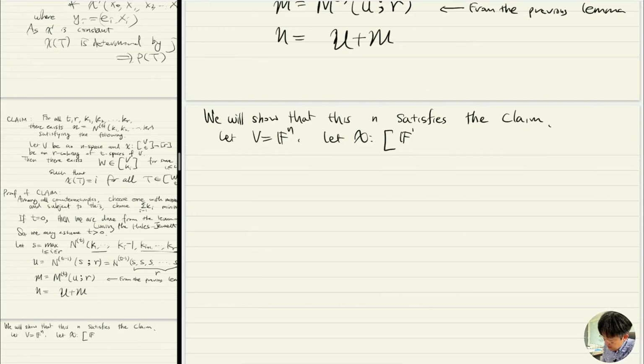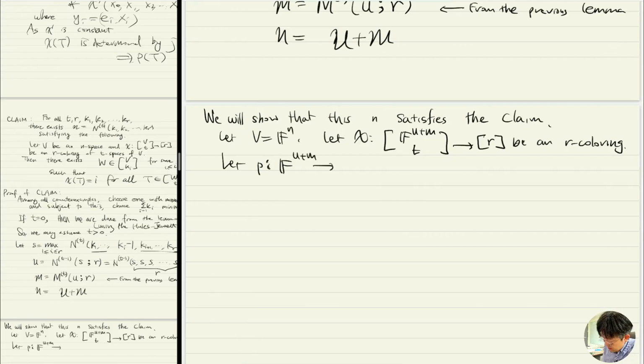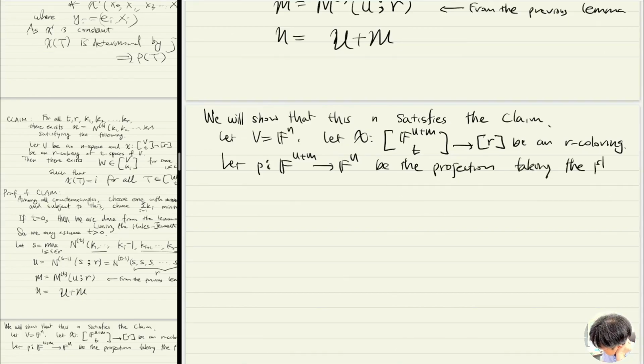N is U plus M, and I'm coloring T spaces by R colors. Let P be the projection from F^(U+M) to F^U, the projection taking the first U coordinates.